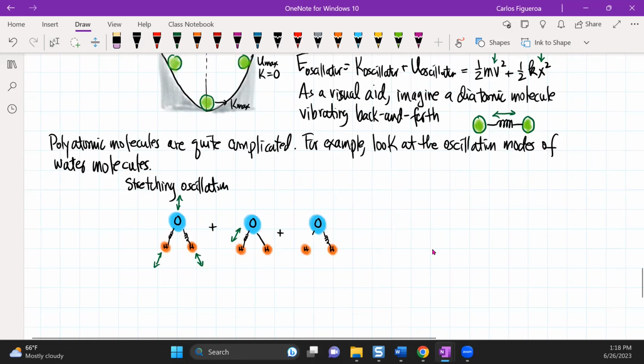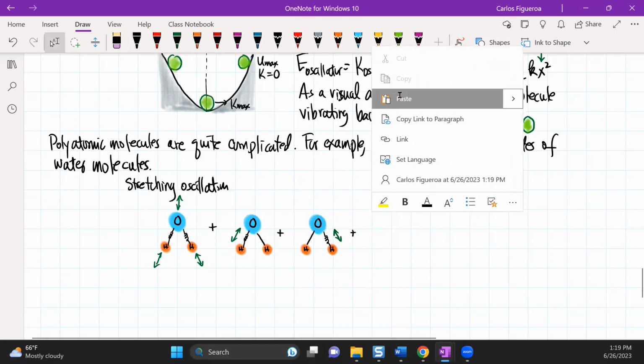So then this one is fixed, and then this one oscillates back and forth. Then there's, by the way, here's another one here, because you got to go through all of the possible perturbations of the oscillation.